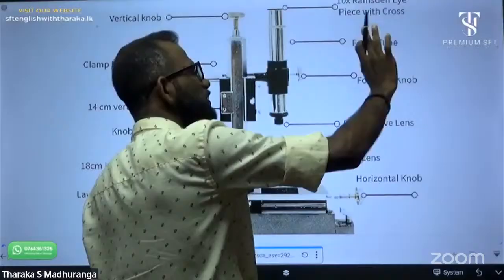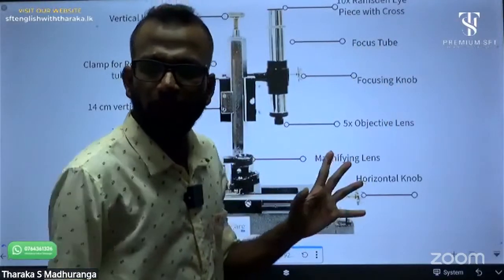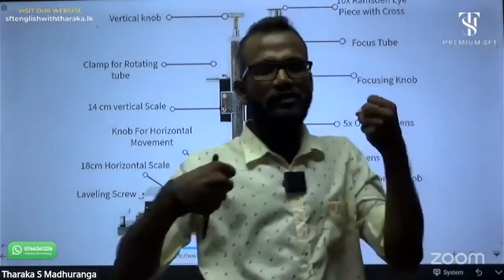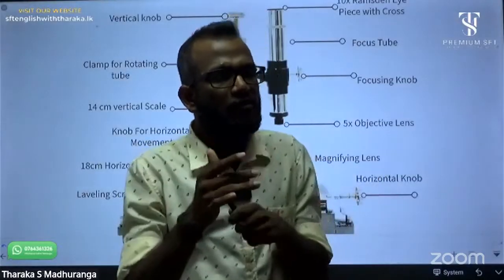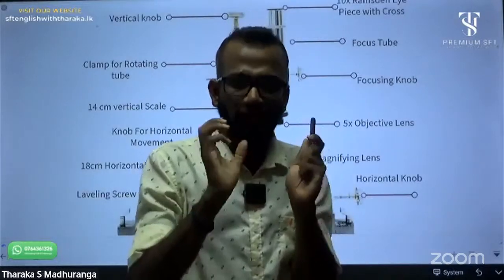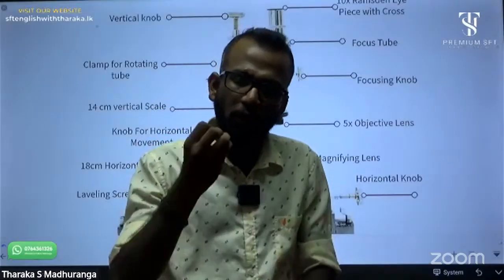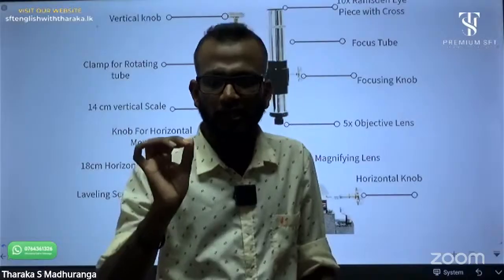You don't need to remember all these parts, because the parts of the traveling microscope are not asked in the exam. Very simple. A simple idea is enough, because in our previous syllabus it was given mainly as an instrument, but in our new syllabus the traveling microscope is only mentioned as a length measuring instrument.